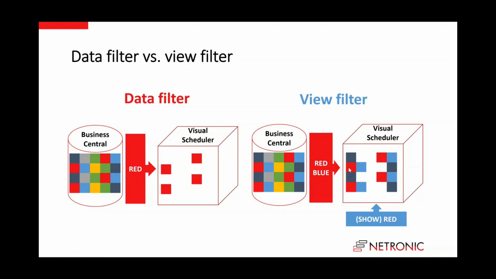And when you apply the view filter, then the blue ones will disappear and I will only show the red ones. However, the visual scheduler here knows the blue ones because they were loaded with the data filter, but they just get blended out when applying the view filter.